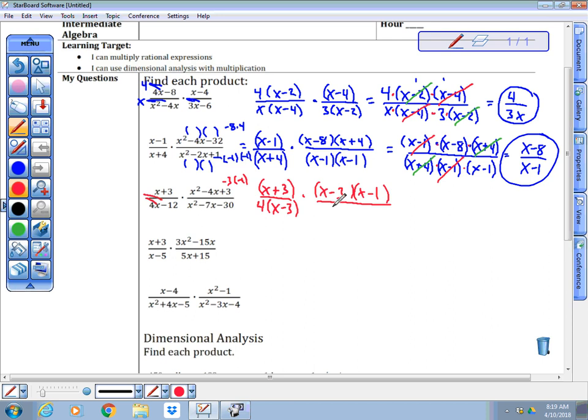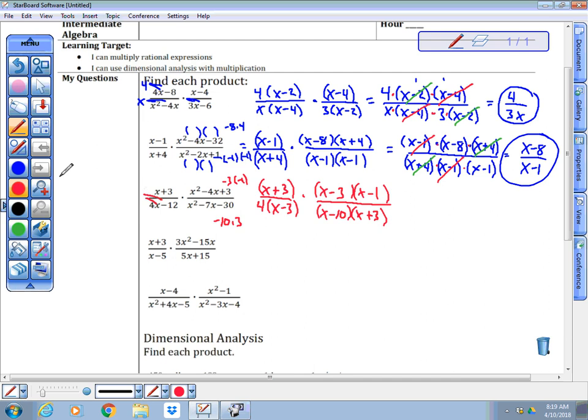And on the bottom, 2 parentheses. X squared is going to give me the x and the x, and to get a minus 30, it's going to be a minus 10 times positive 3 to give me minus 30 when I multiply, and a minus 7 when I add them. So minus 10 and a plus 3.